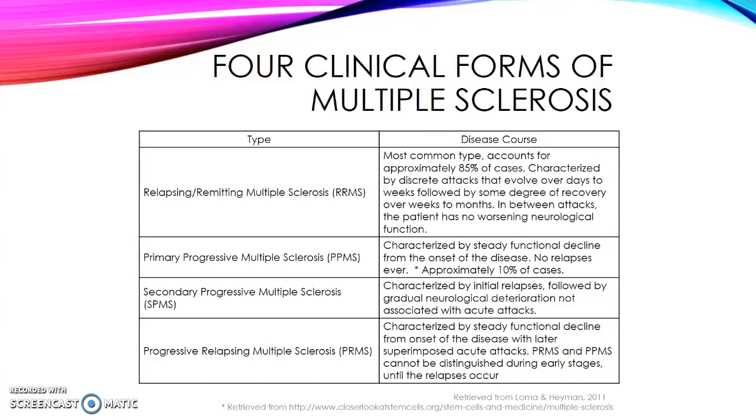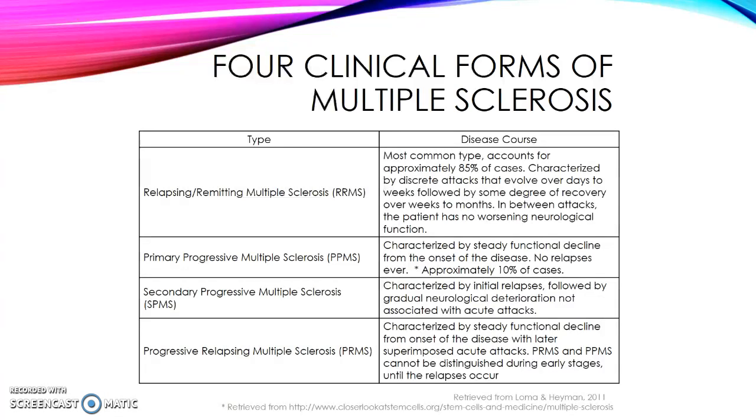With secondary progressive multiple sclerosis, or SPMS, it's characterized by initial relapses followed by a gradual neurological deterioration that's not associated with acute attacks. And finally, progressive relapsing multiple sclerosis, or PRMS, is characterized by a steady functional decline from the onset of the disease with later superimposed acute attacks.